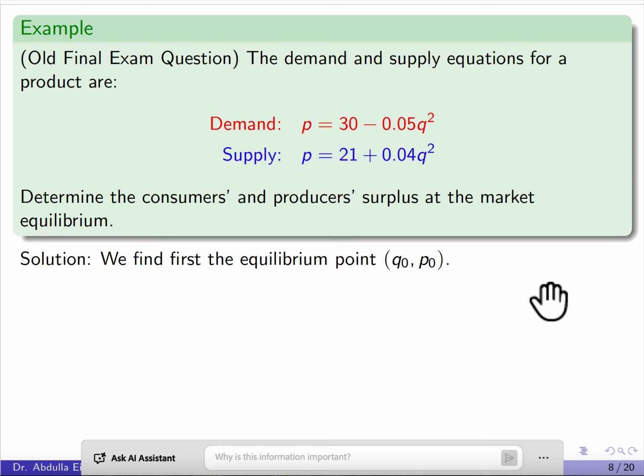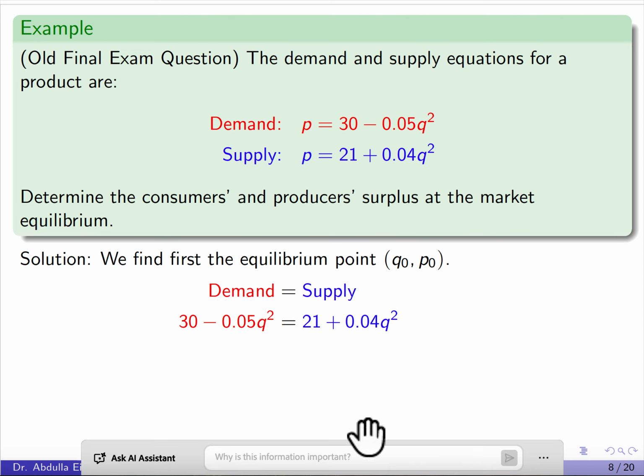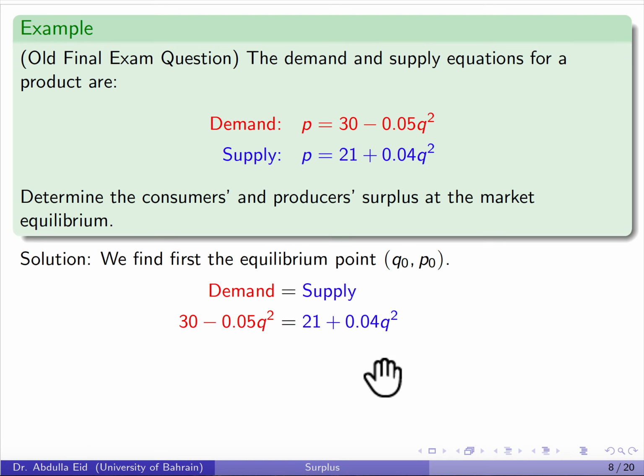What's the equilibrium point? We need to find when the demand equals the supply. This happens when we write the two equations equal to each other. We take this q squared to the other side, and we take 21 to the other side, so we get 9, because 30 minus 21 is 9.